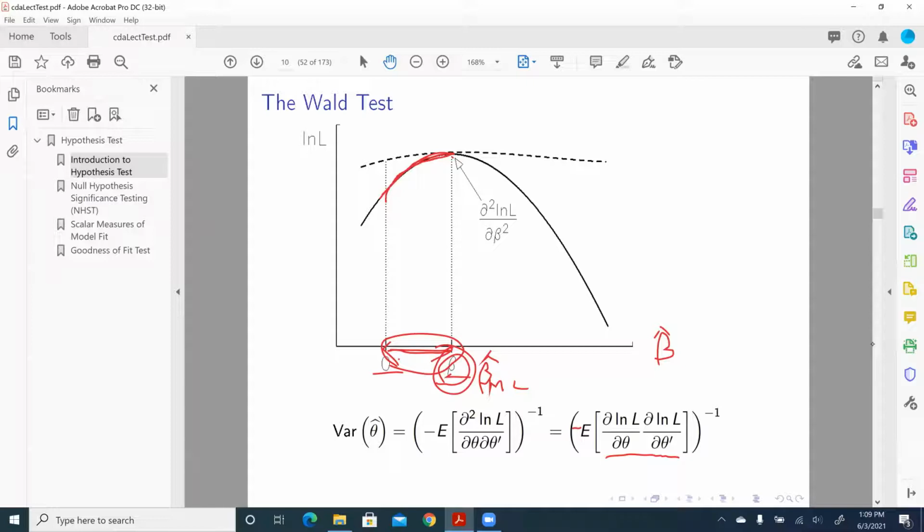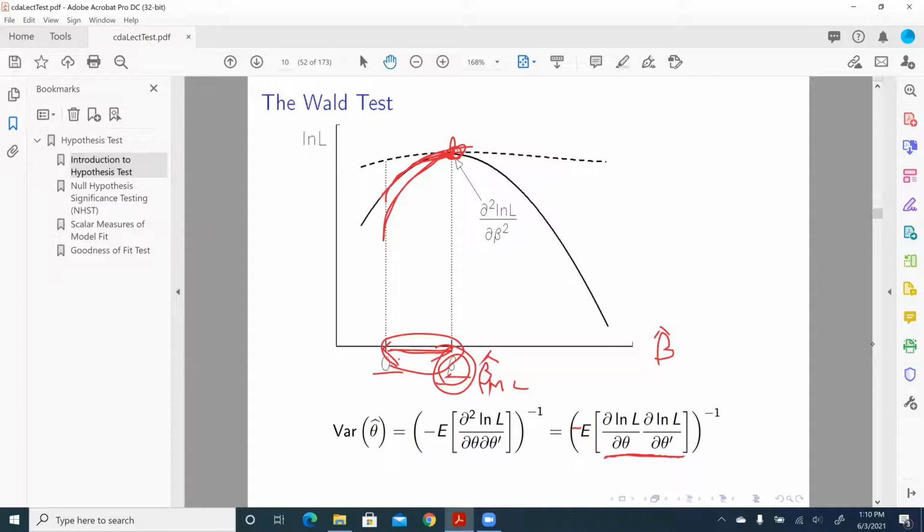If the second derivative is big, that means the curve is very steep. The second derivative is evaluated here, at the value of the ML estimator.